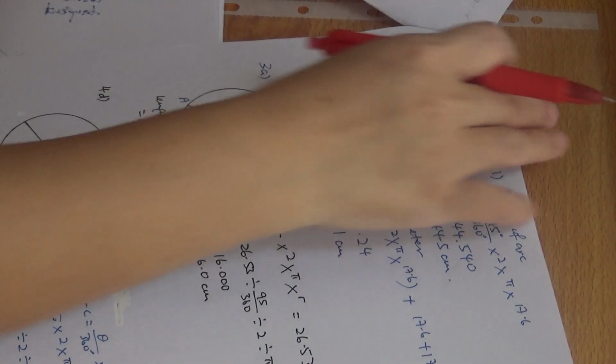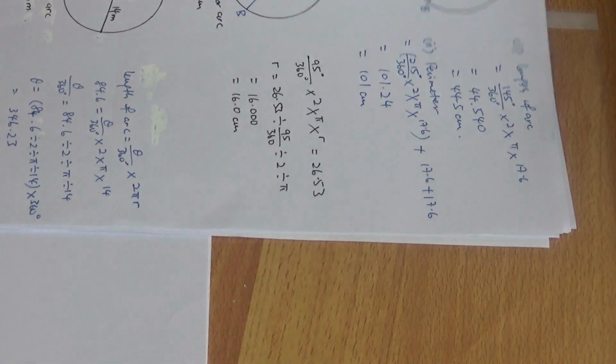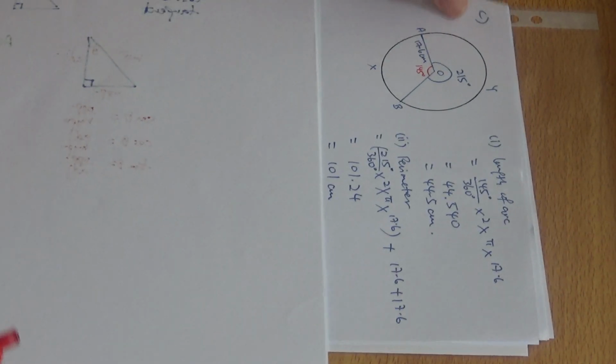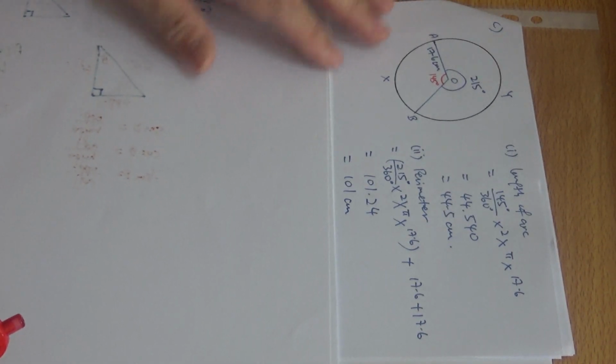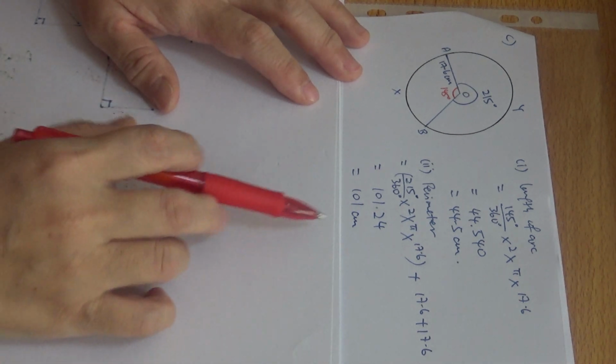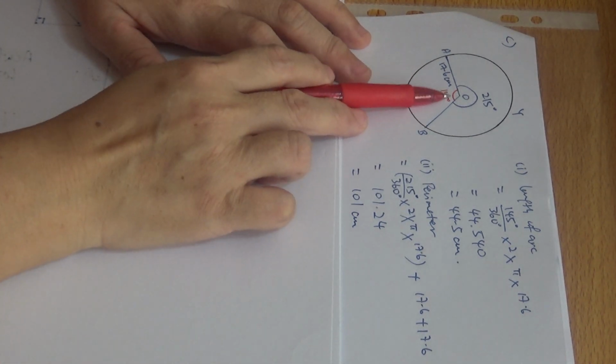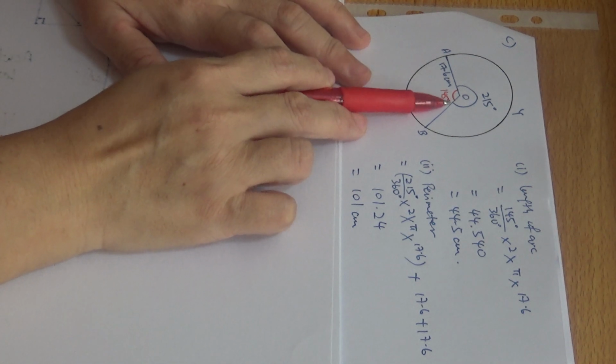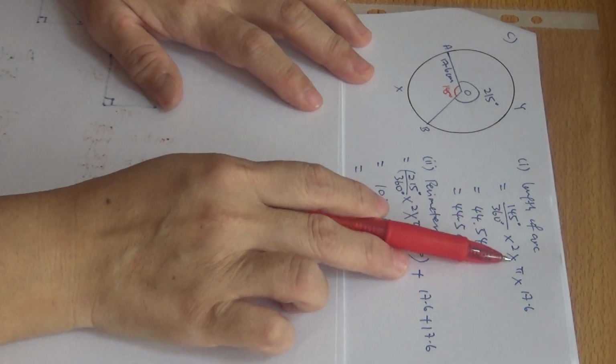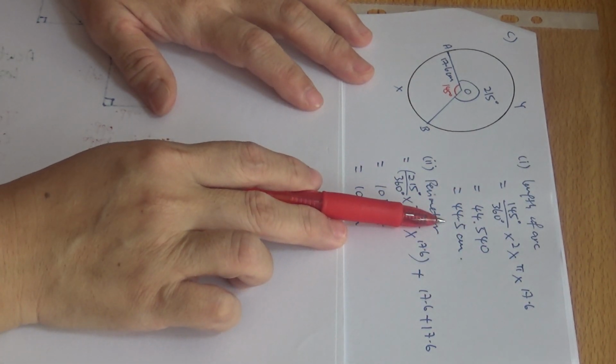Okay, next we move on to 2C. Now for 2C, they want to find the length of the minor arc AXB. So in this case here, we have to find out this angle first, which is 145. We apply the formula, we get 44.5.